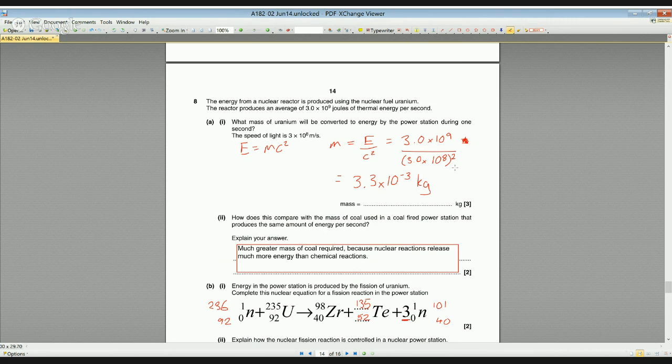Sorry, my apologies. It is 3.3 times 10 to the minus 8. I have misread my own handwriting when I was copying this down. So yeah, the calculation here is incorrect for question 8. 3.3 times 10 to the minus 8, this should read.